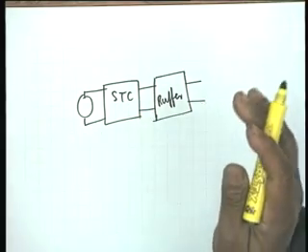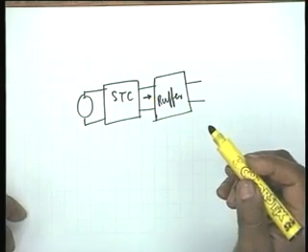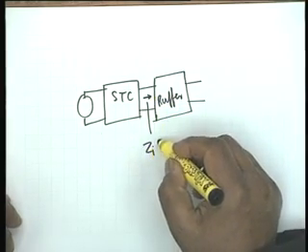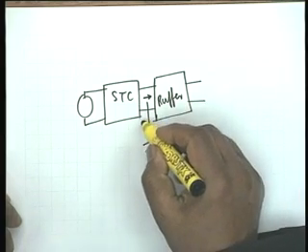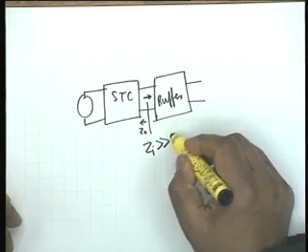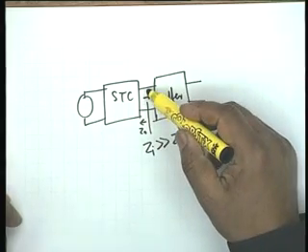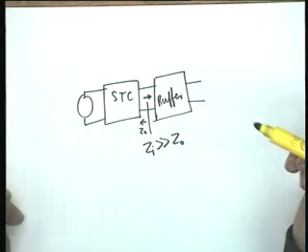In other words, these two stages are decoupled from each other. They work independently, which simply means that the input impedance here of the buffer must be very large compared to the output impedance here. Agreed? Then the buffer will not load the single tuned circuit.